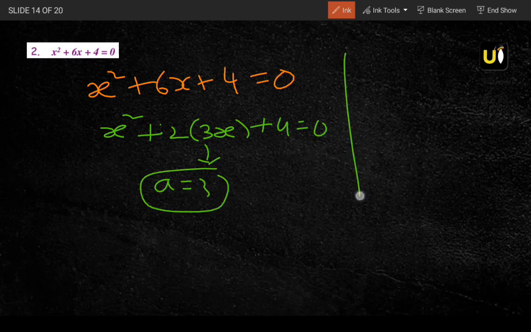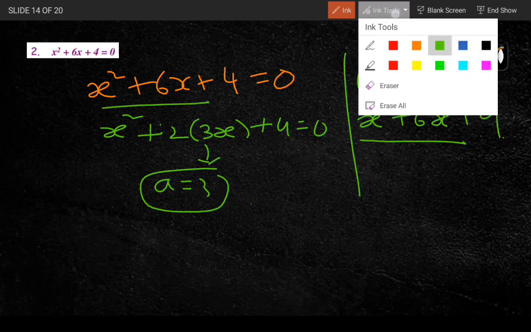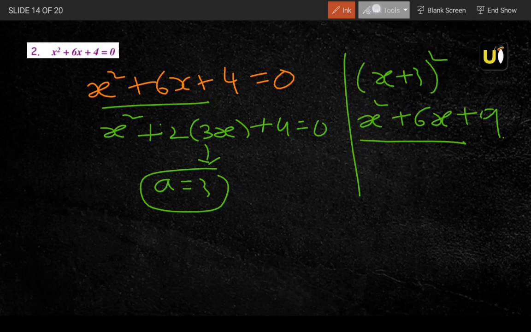That means this is in the form of (x plus 3) whole square. So that is x square plus 6x plus 9. So here we are having x square plus 6x, but 9 is missing. So now adding 9 on both sides will give you x square plus 6x plus 4 plus 9.